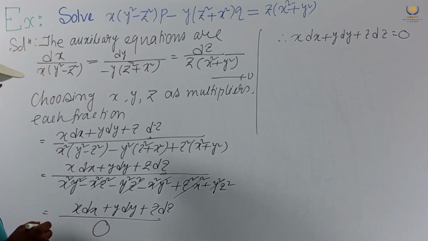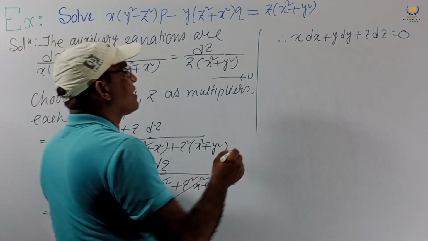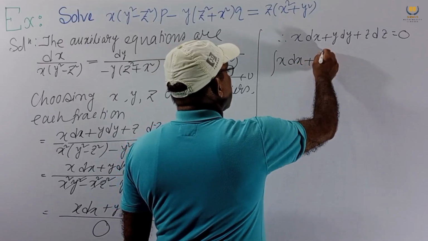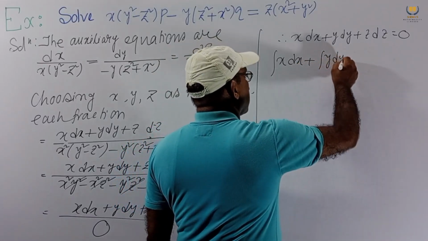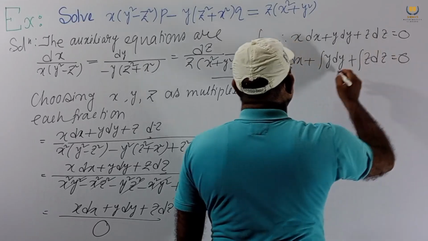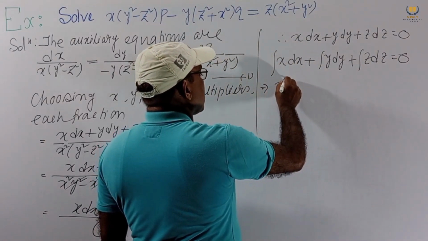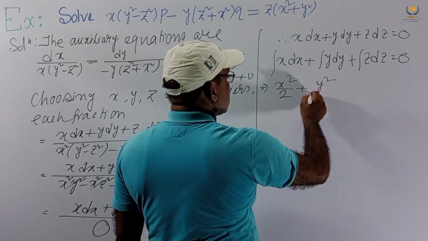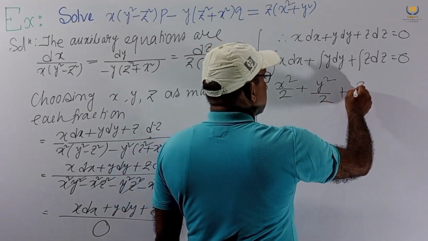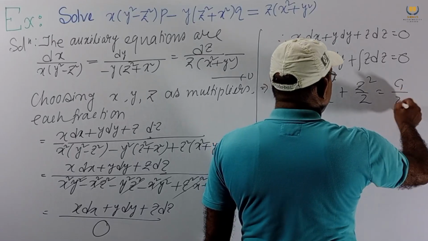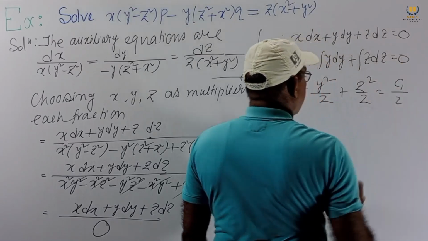By rules, we can write this. Now integrate both sides, we get x square by 2, integration of y dy means y square by 2, z square by 2, equal to c1 by 2.